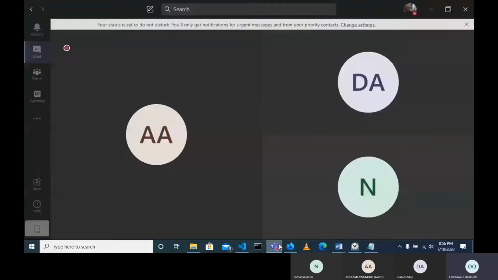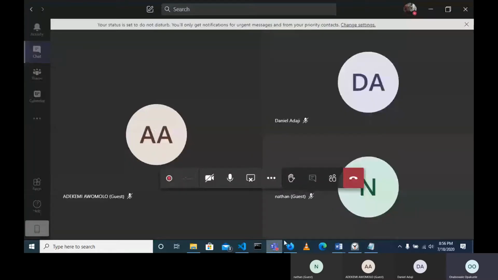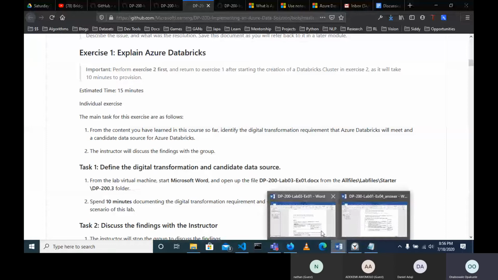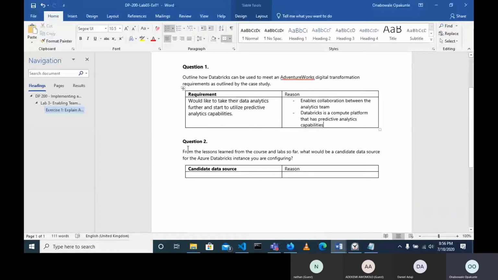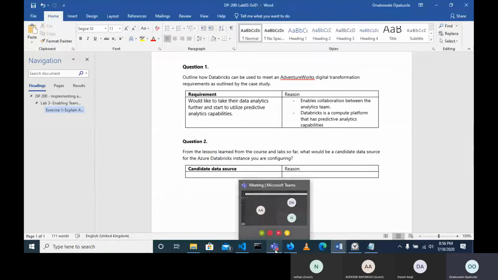Does anyone want to try to answer that? So we can answer the second question. From the lessons learned from the course and lab so far, what would be the candidate data source for the Azure Databricks instance we are configuring? Does anyone want to try?